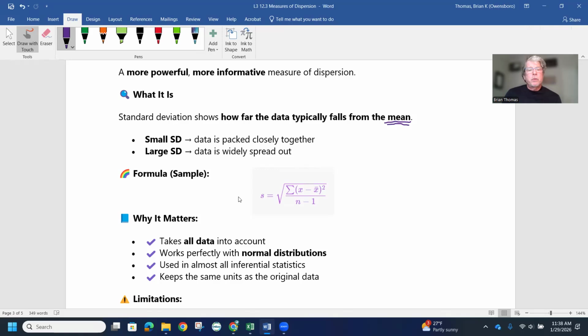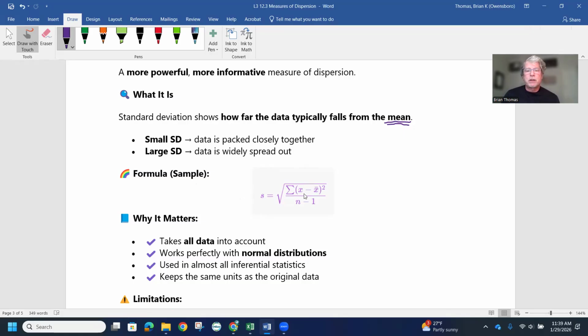So this is the formula that we'll be using to determine the sample standard deviation. I'm sorry, s will stand for sample standard deviation. So this little s stands for sample standard deviation. Notice how we have the square root symbol in here. Notice the whole thing is inside the square root symbol, so we have to do all the calculations inside the square root symbol before we can take the square root of it.